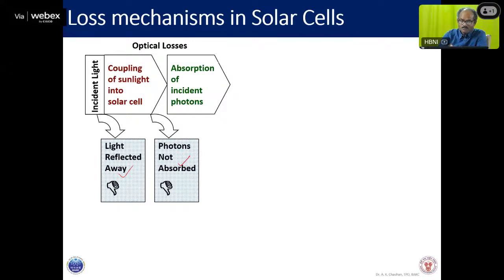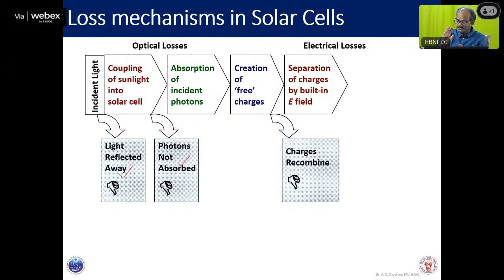If it is absorbed, there is also a possibility that free charge carriers are not generated, and that is also a loss. If charge carriers are generated, then they can recombine or they can be separated. If they recombine, it's a loss. There is no point of them being collected by the external electrodes and passing through the external circuit.